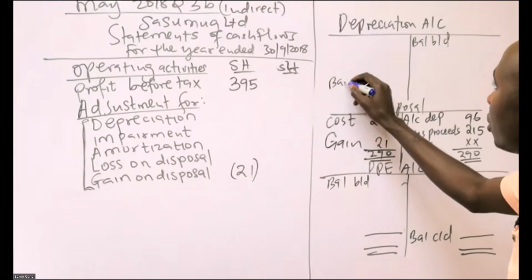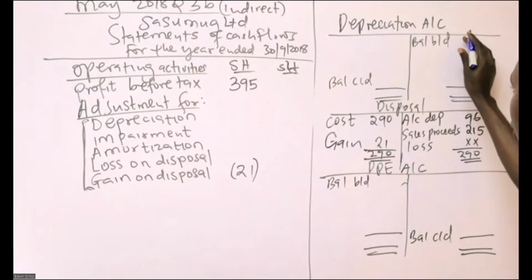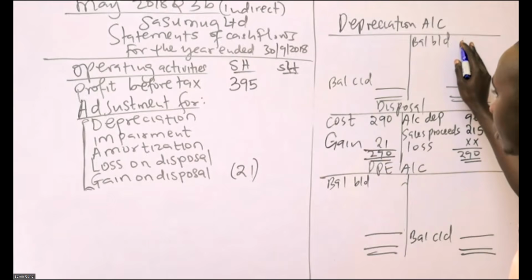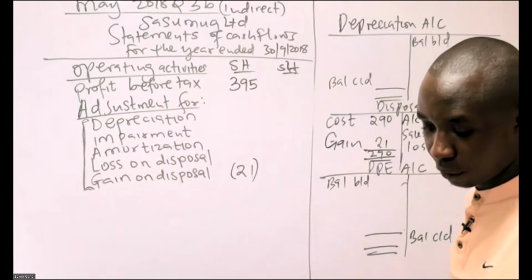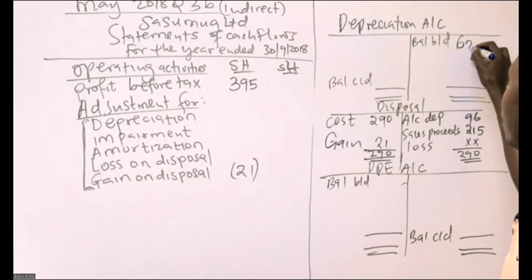The balance carried down will be on this side. So the balance brought down for the accumulated depreciation, what is it, students? The balance brought down is 625.